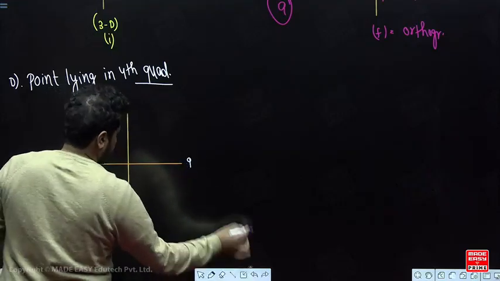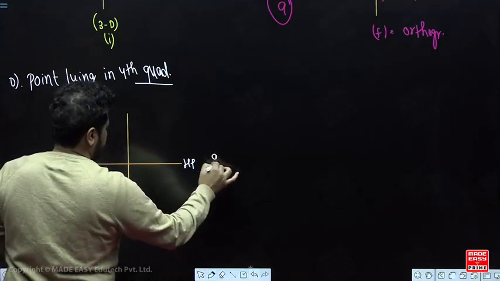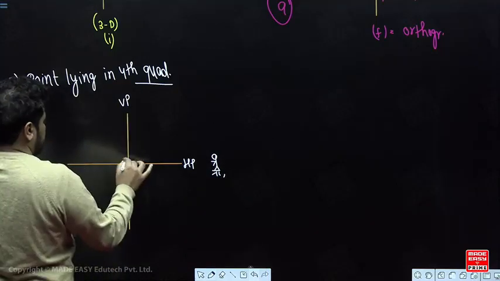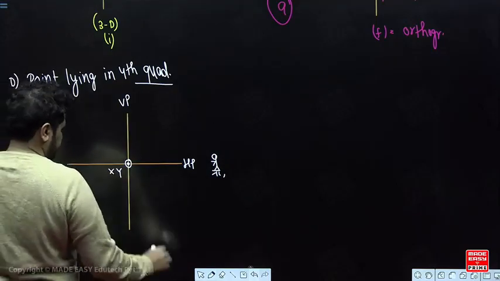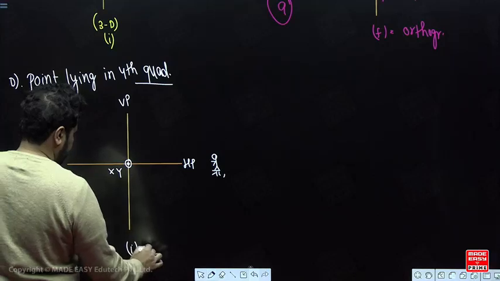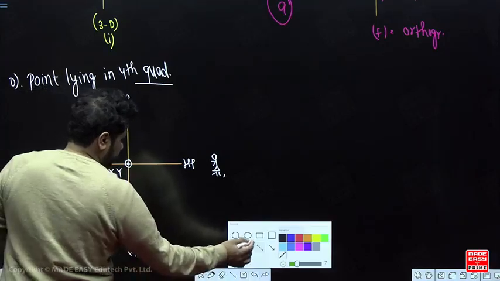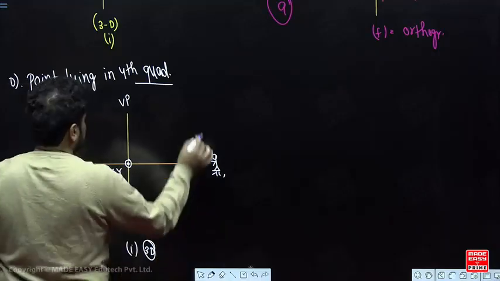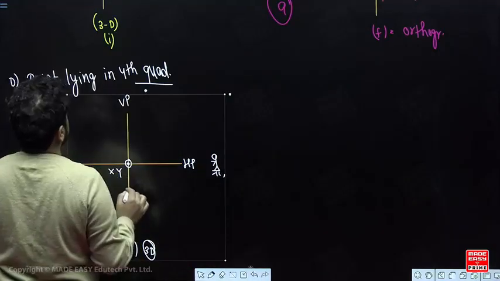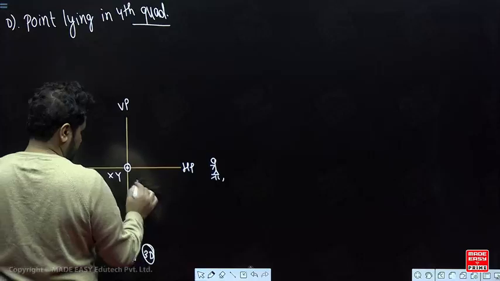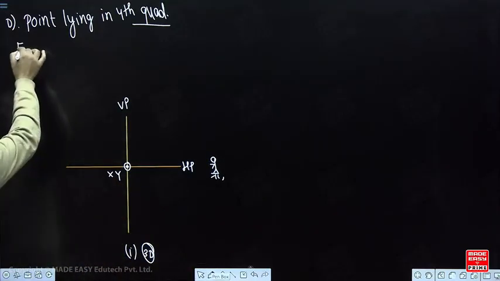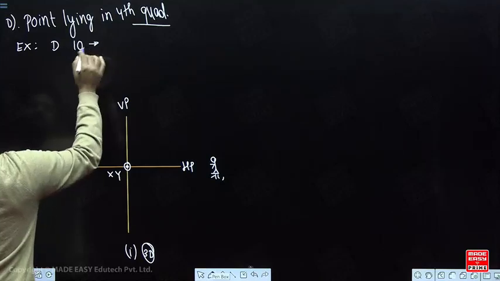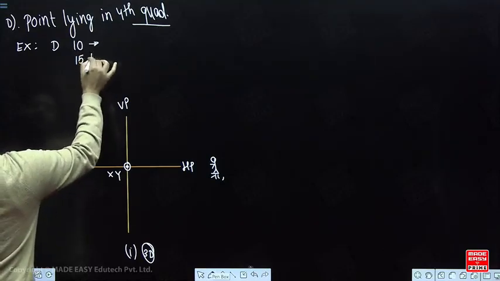HP, VP, the intersection is XY, correct. Initial means 3D planes. Where is the point lying? Oh, I did not write the example. So for example, D is a point 10 mm in front and 15 mm below.